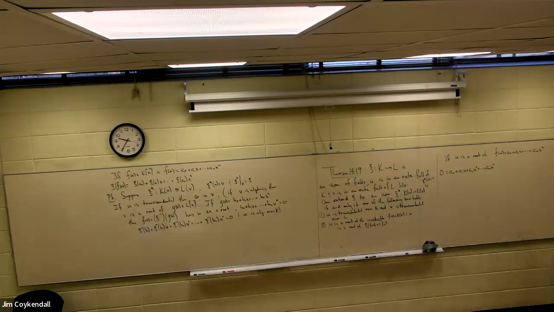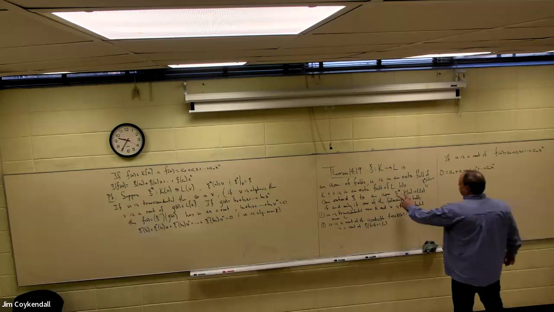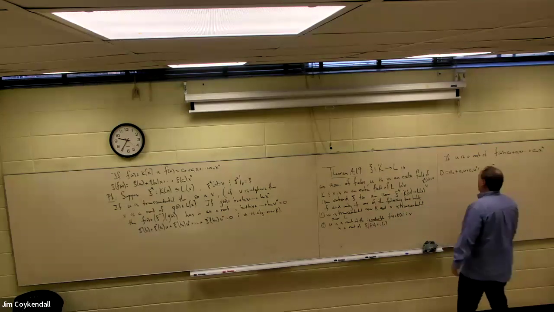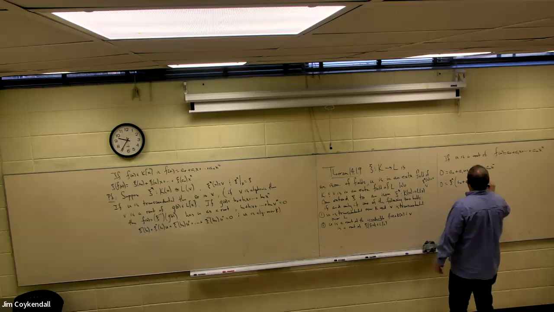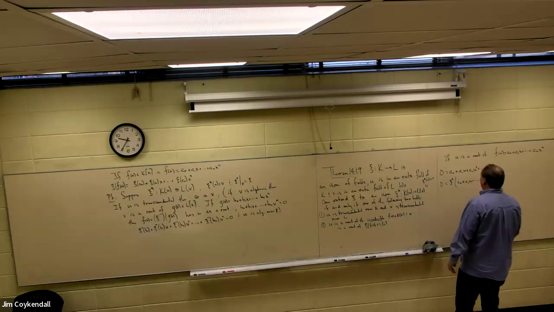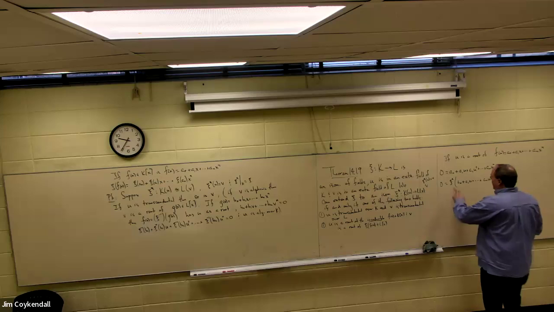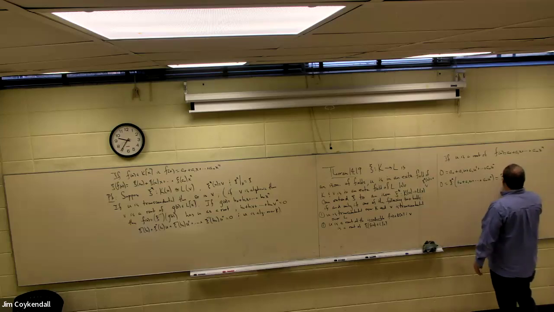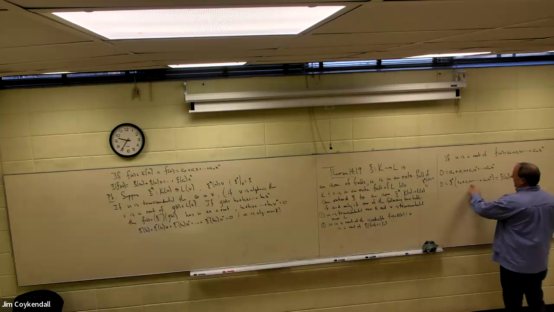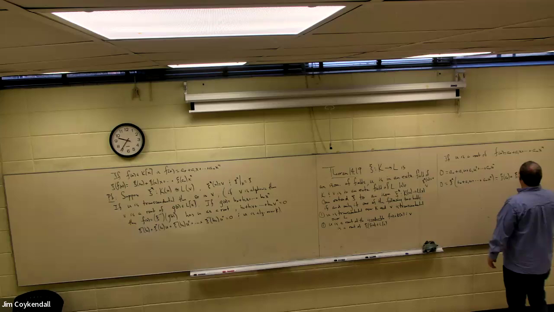Now apply our isomorphism here. Notice when I restrict this down to elements of K, I get the original isomorphism, and this applied to u is v.